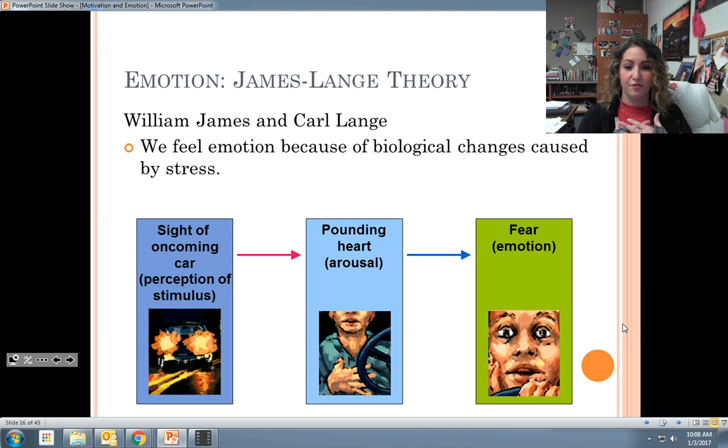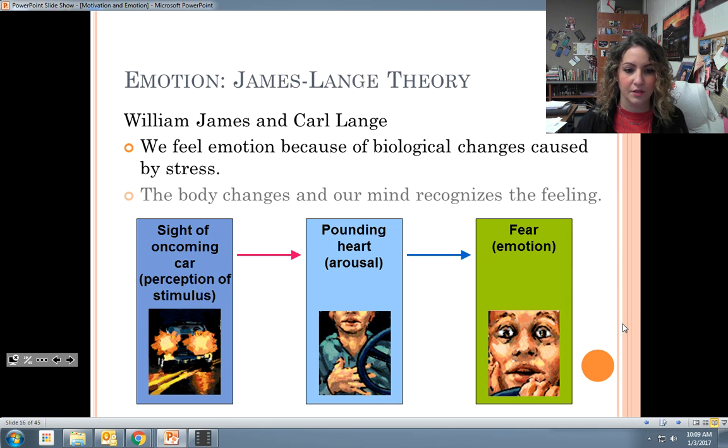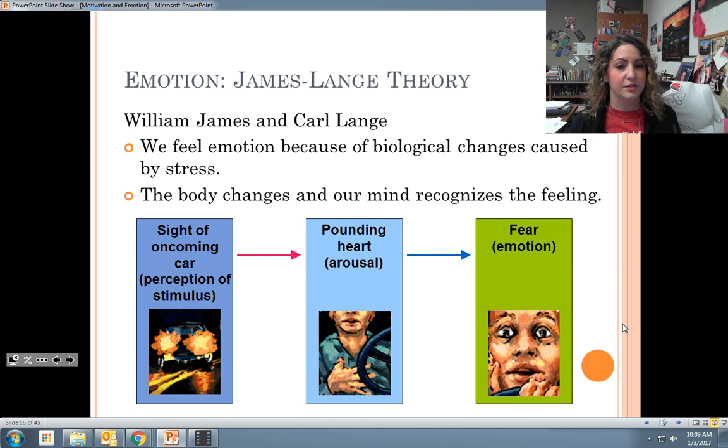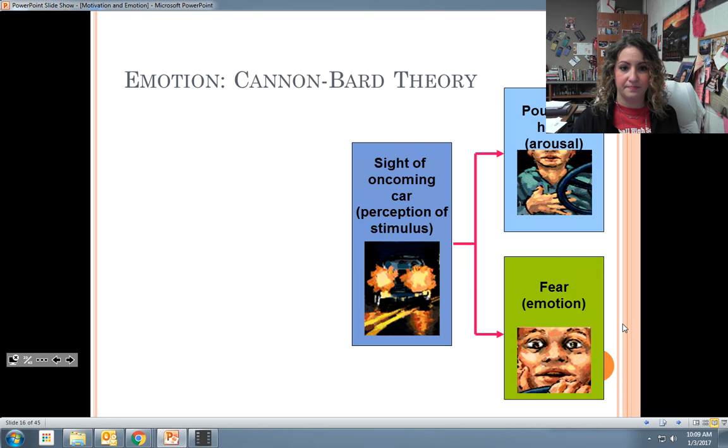So we have a biological response first, and then the emotion comes after. Our body changes, and then our body recognizes the feeling. So tears flow, we recognize tears flowing, and then we become sad. Our body grins and we're filled with joy, and then we feel happiness. So there's some sort of biological change, some sort of physical change in our body, and then we experience emotion.